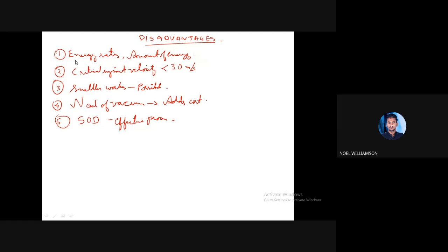Now the process characteristics. What are the basic process characteristics? We will list them out. What are the main process variables that can affect the process?